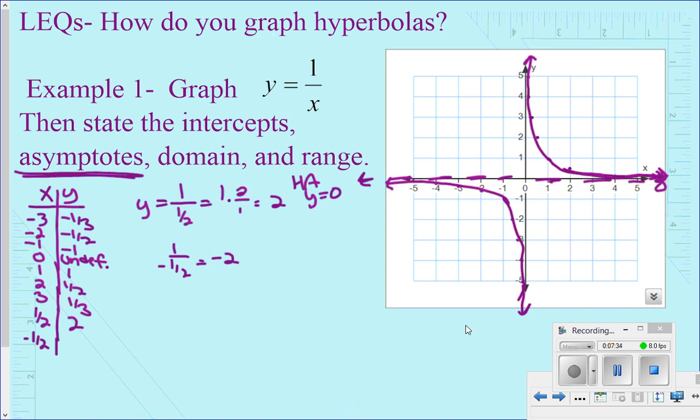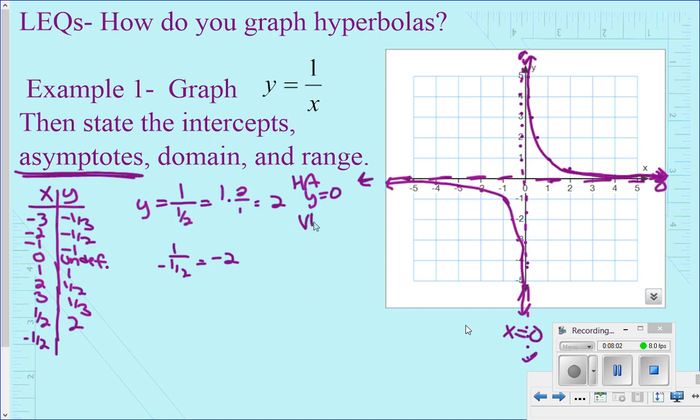Now, we've already noticed the same things happening with the y-axis. It's getting really, really close right down here, and also up here, the other curve, getting really, really close to the y-axis. So there's also a vertical asymptote, which is the y-axis, and that has equation x equals 0.